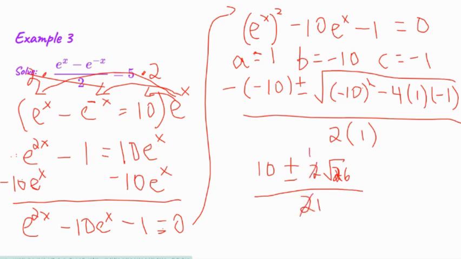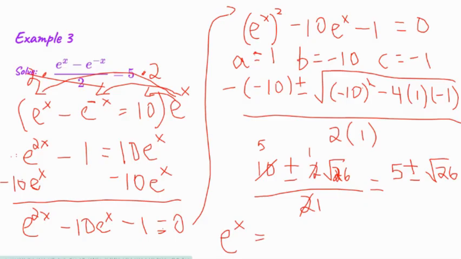And then these can cancel. We get 5 plus or minus root 26.